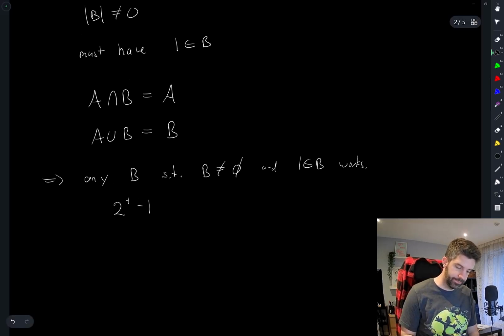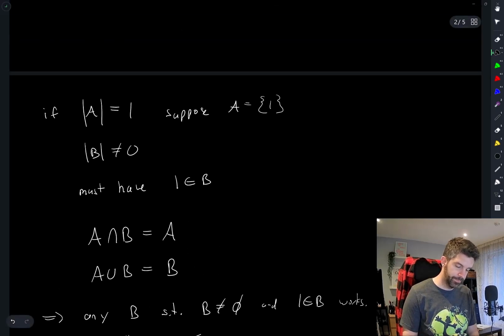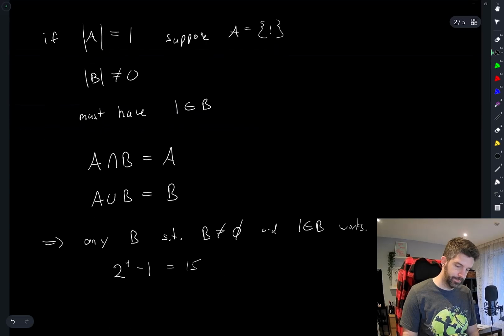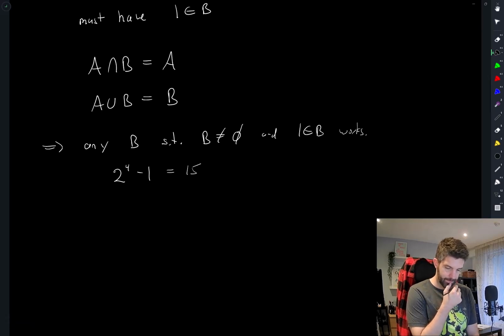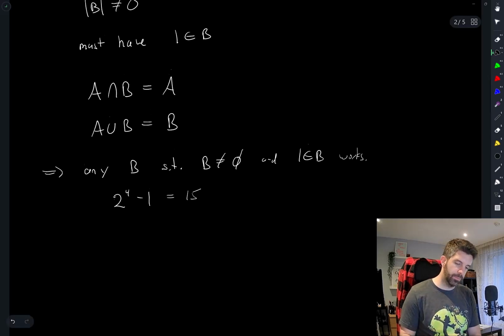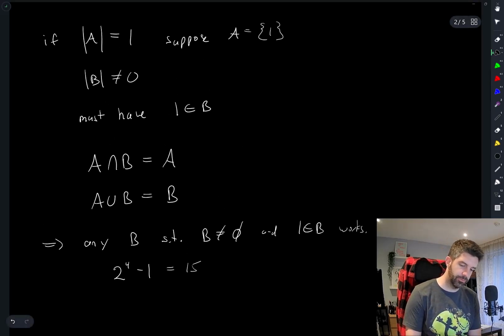This is 15. And there are 5 original starting singletons. The problem now is when I flip the roles of the sets A and B, we're going to double count.